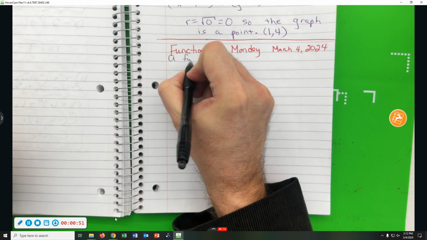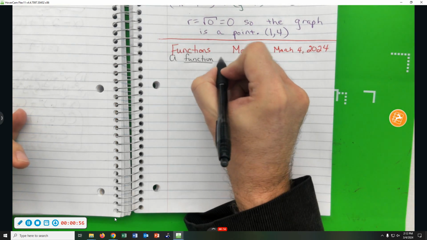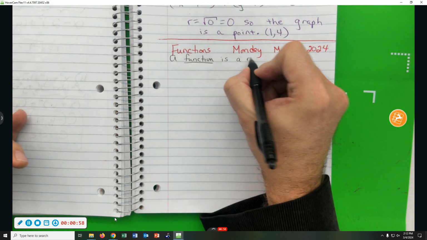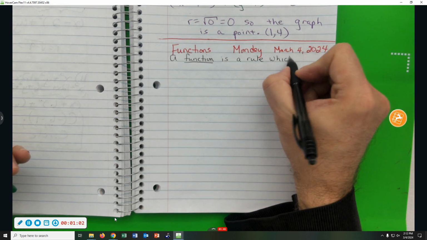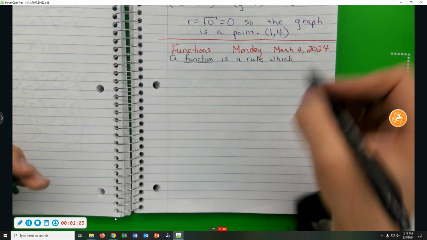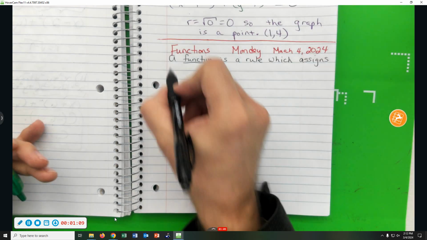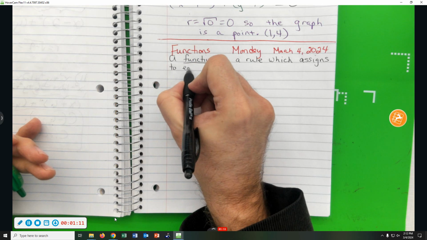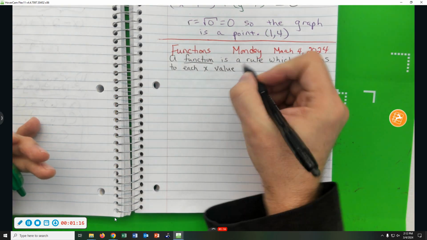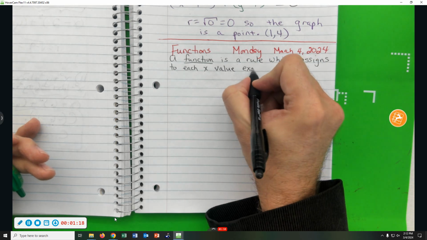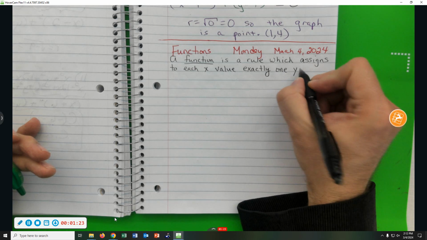Okay. A function is a rule or correspondence, I'll say rule, which assigns to each x value exactly one, not 2 or 3, exactly one y value.